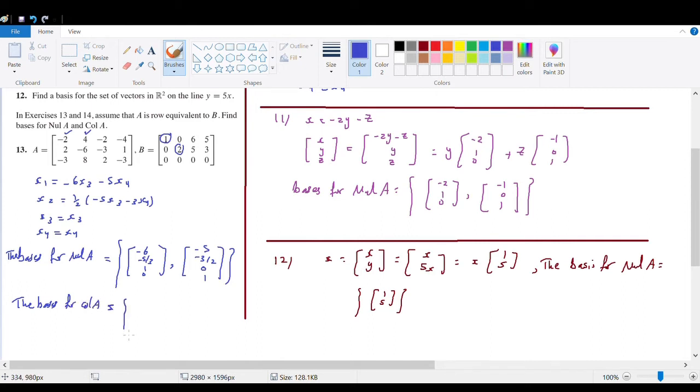Be careful here: for the basis in col A, you need to take the columns from the original matrix. So here minus 2, 2, minus 3, and the second one is 4, minus 6, 8.